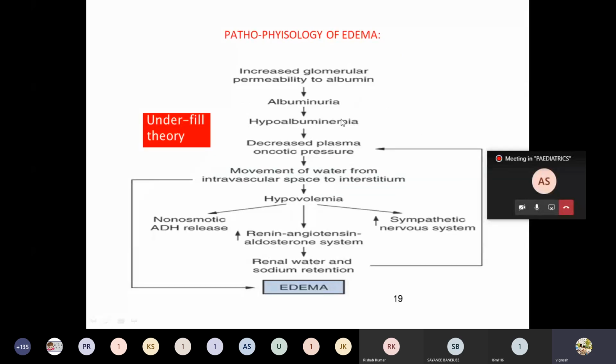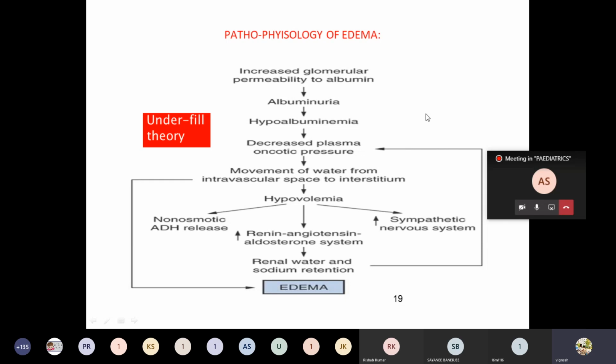This results in albuminuria, meaning urine contains albumin. It is lost. So once the albumin is lost in the urine, that results in a decrease in the albumin level in the blood. It is going to decrease below 2.5 grams per deciliter. It is the blood level of albumin.